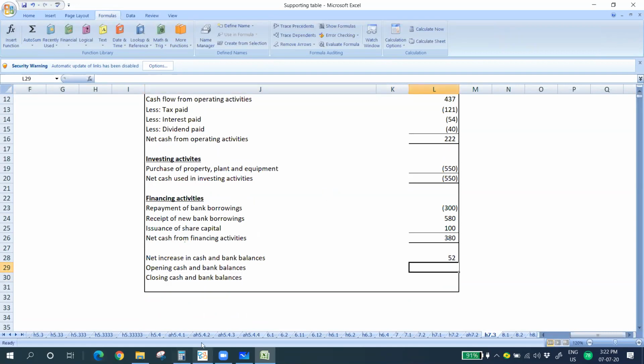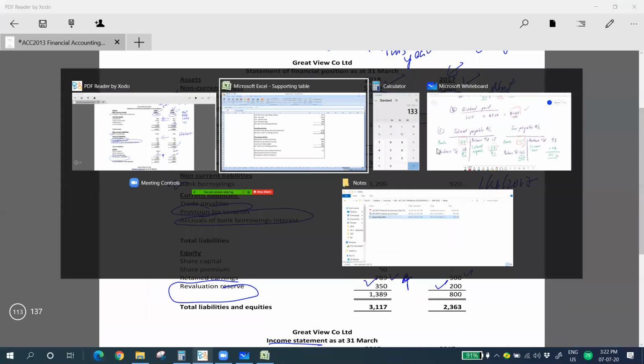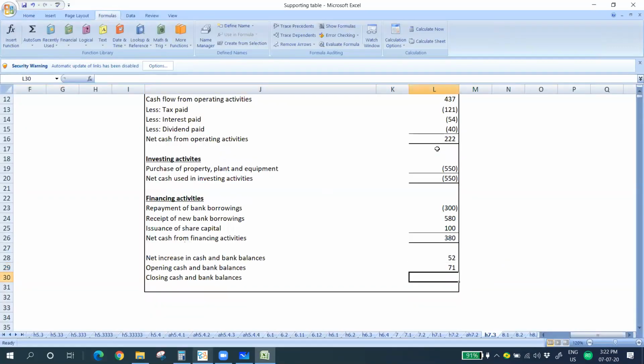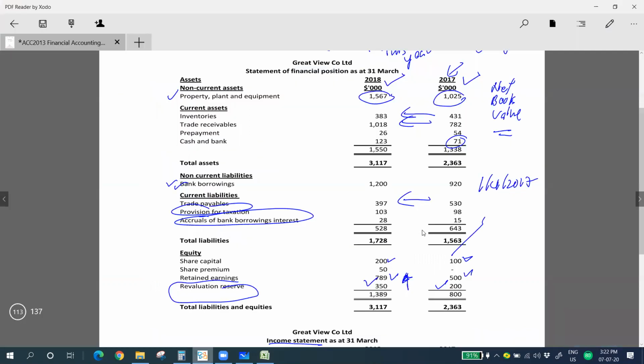Our opening cash and bank balance is 71. So we write 71 here and we add them together. We get a closing cash and bank balance of 123. If you can match this amount to your closing cash and bank balances in your statement of financial position, it means that your answer is correct.